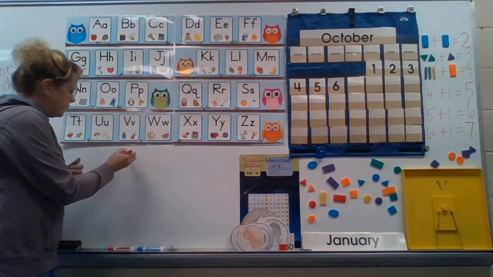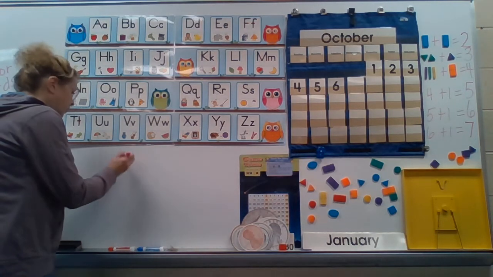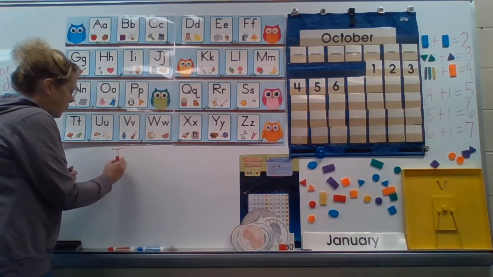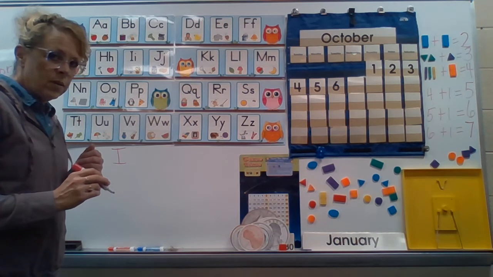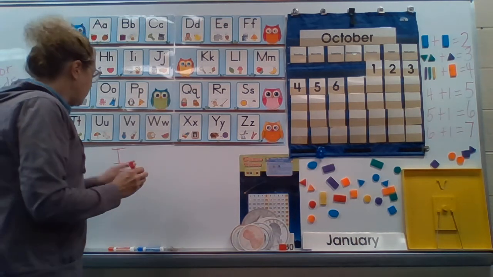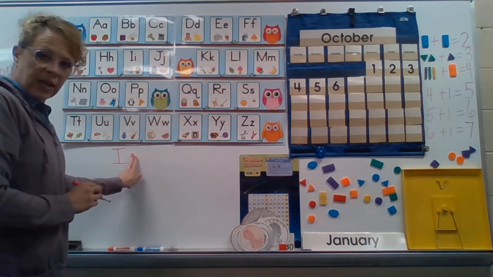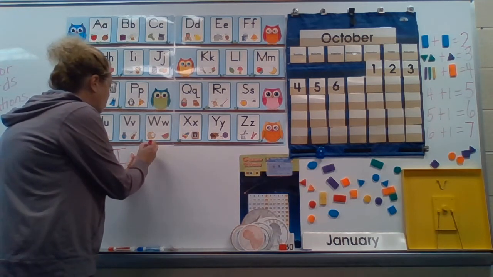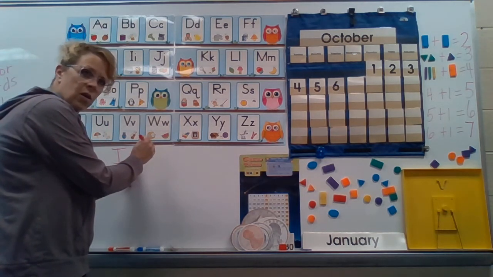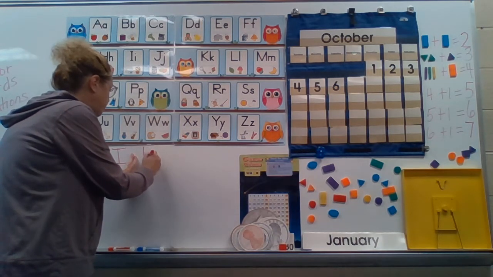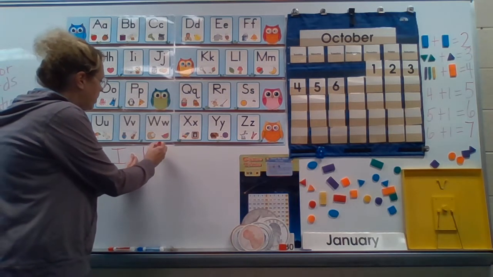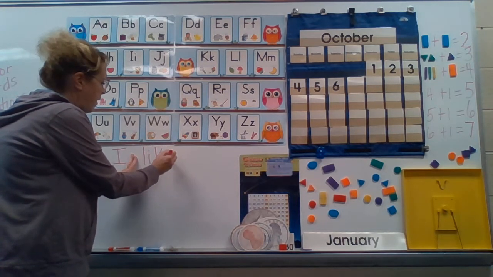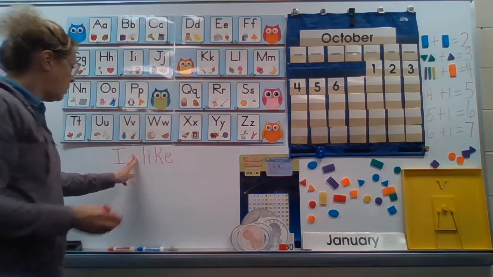So it's going to say, I. What was the second word? Like. So I'm going to put my fingers down so I leave a nice space, and I'm going to write the word like. Oh, what does like start with? L. And I heard a long I. Oh, I. And I heard a K. There's a silent E at the end.